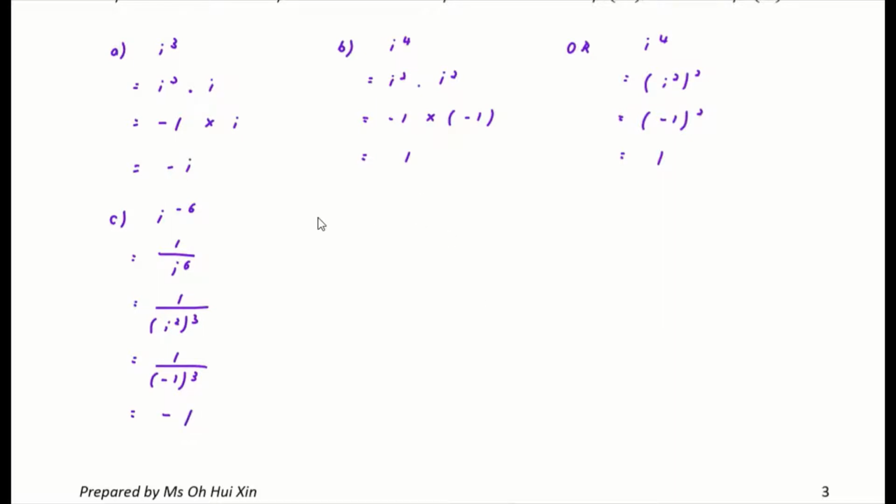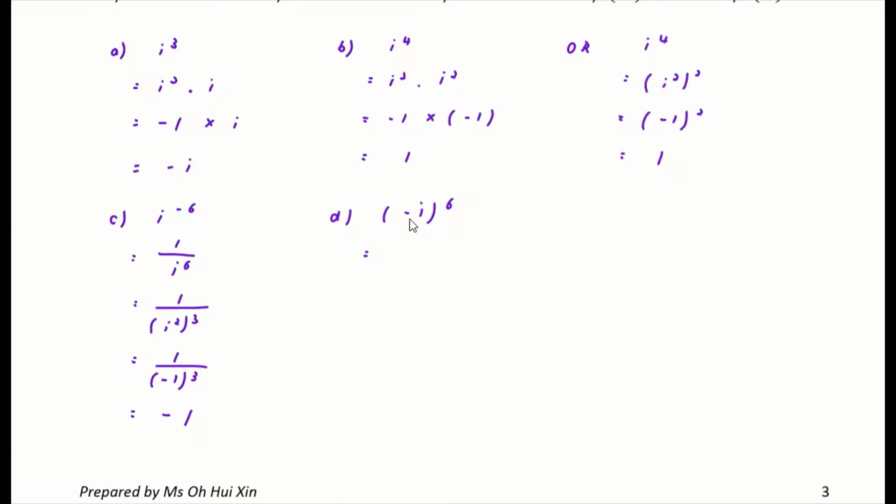Okay, so move on to D. The question is negative i and then power 6. Okay, I think this is going to be easy. You can think of when you have any number that is negative, after you put it into the power of an even number, the negative will be eliminated, right?